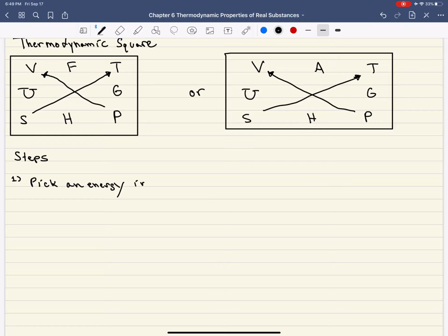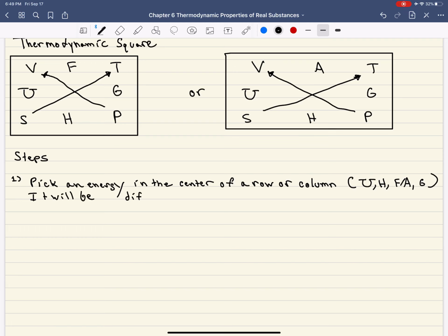You would pick an energy in the center of a row or column: U, H, F or A, or G. And then that energy is going to be the differential on the left-hand side of your equation.